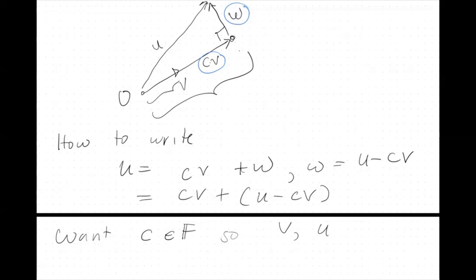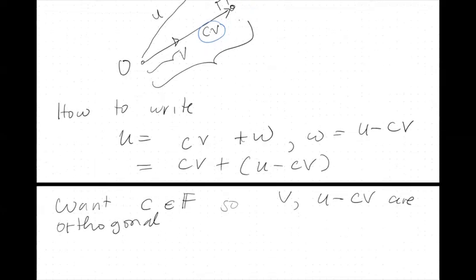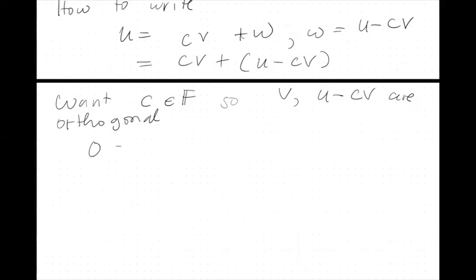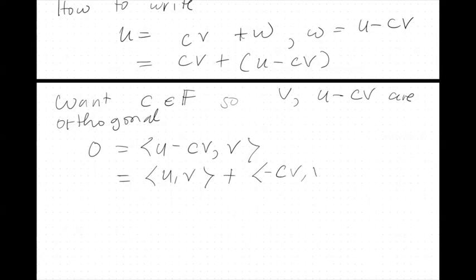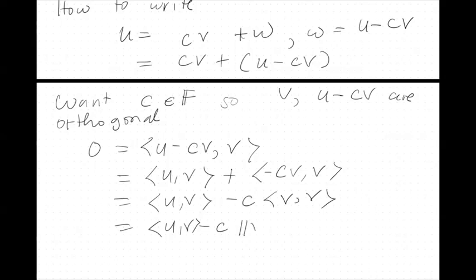So V and U minus CV are orthogonal. This means that the inner product of U minus CV and V is 0. If we expand this, we get the inner product of U and V, minus C times the inner product of V and V. So this is just UV minus C times the norm of V squared.